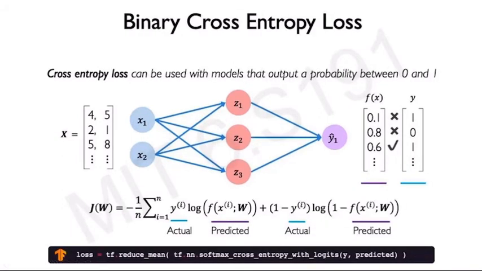Okay, so there's something that we call the binary cross entropy loss in artificial intelligence generally, that can be used with models that output a probability between 0 and 1. Don't forget, we're working on a classification problem where the level of the response is categorical. The actual response is going to be 0, 1, 0, 1, 0, 1.